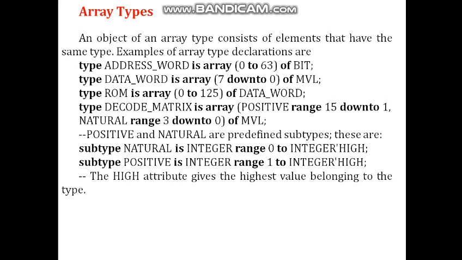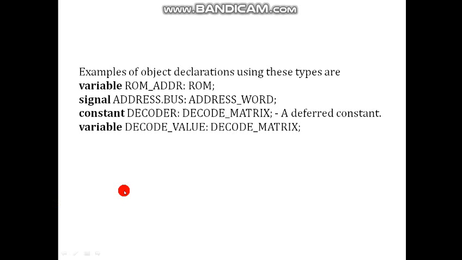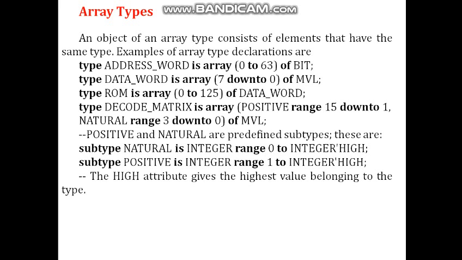The high attribute gives the highest value belonging to this type, and in this way these array types are defined. Examples of object declarations using these types are: variable ROM_address of type ROM, signal address_bus of type address_word, constant decode_matrix, variable decode_value of type decode_matrix.